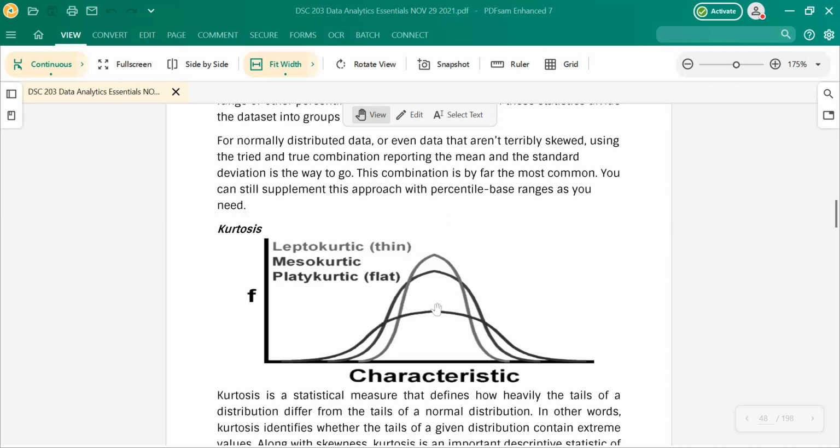Among the three graphs, which one is better? The one which has less deviation. The deviation you see is the standard deviation. The one that has the least deviation is better, right?